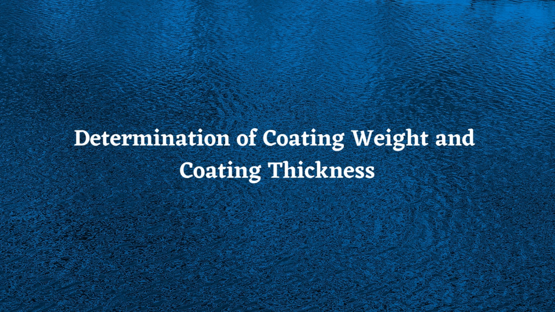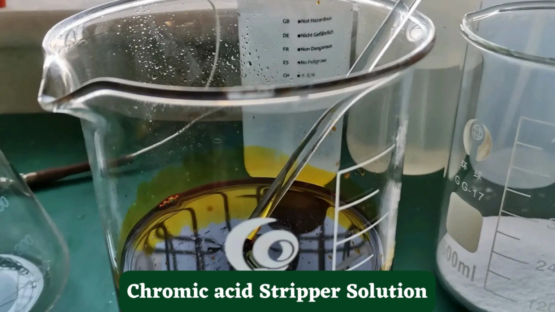Generally, thickness of different types of phosphate coating is reported as coating weight. Weight per unit surface area of phosphate coatings is calculated as follows. The coated specimen is weighed to the nearest milligram, so that is taken as W1.